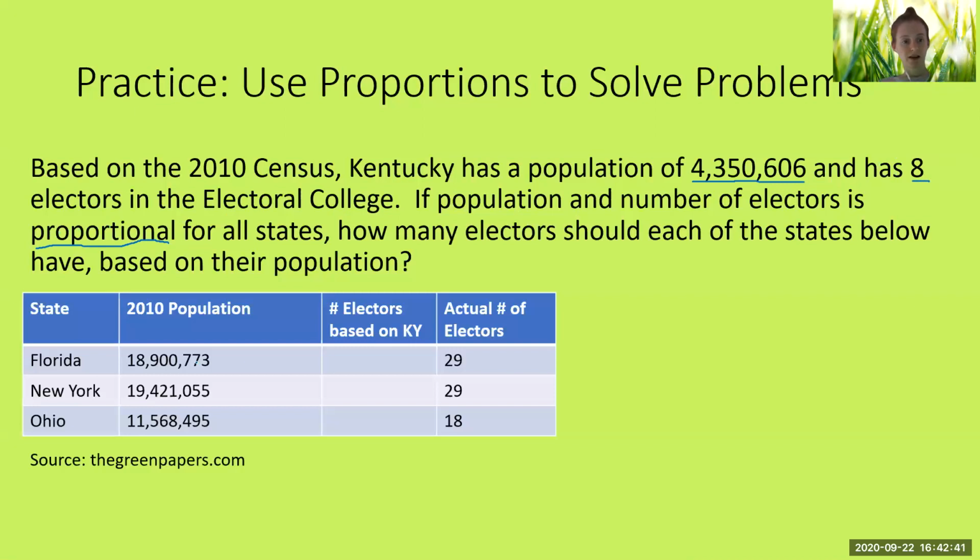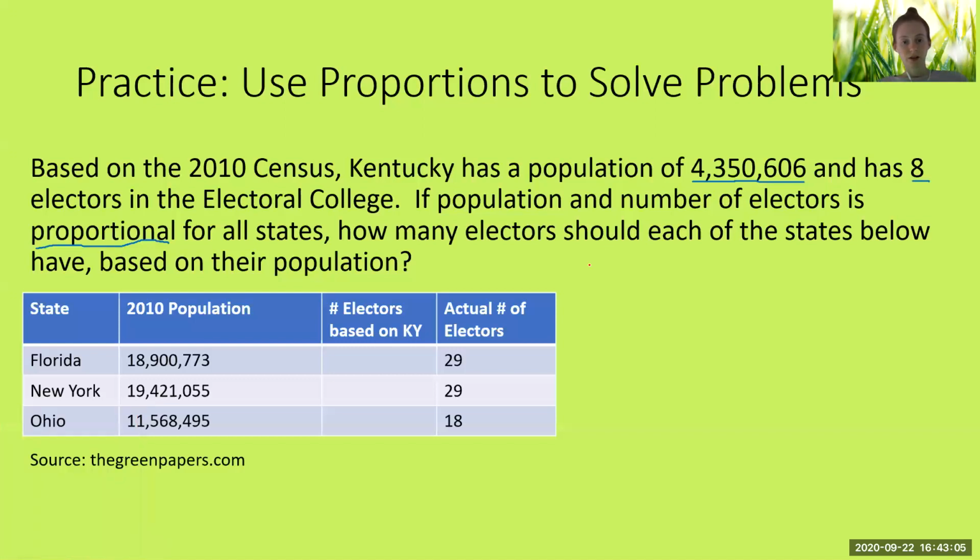So we have this table, and these are real numbers that I pulled. These numbers come from the 2010 census data. We have 3 states here, and we see their population. And we are going to figure out the number of electors that each of these states would have if they were similar to Kentucky.